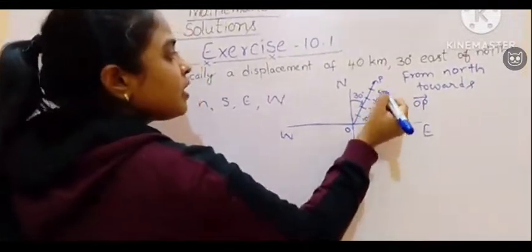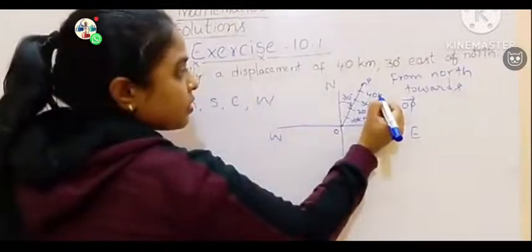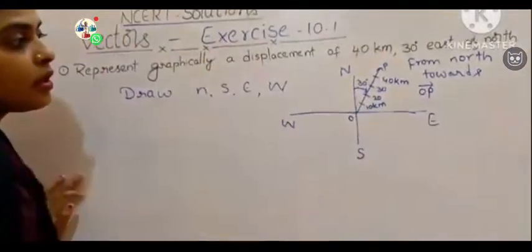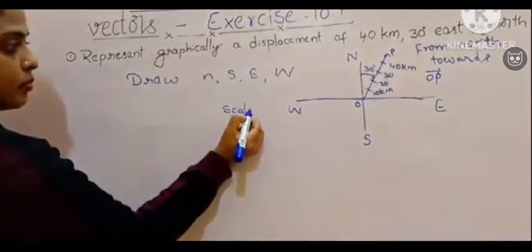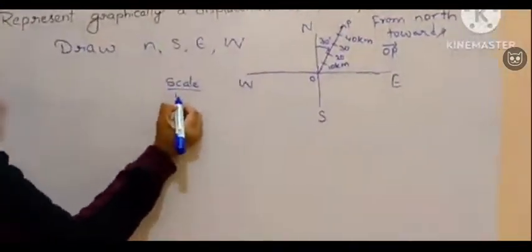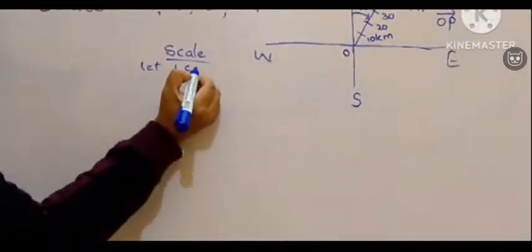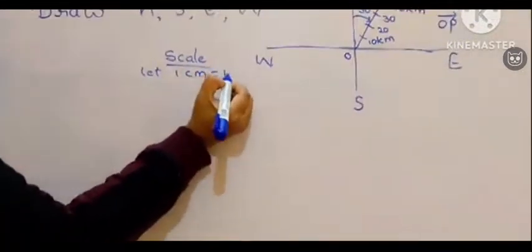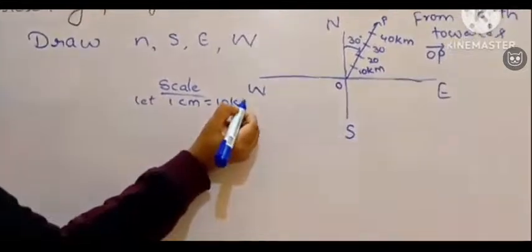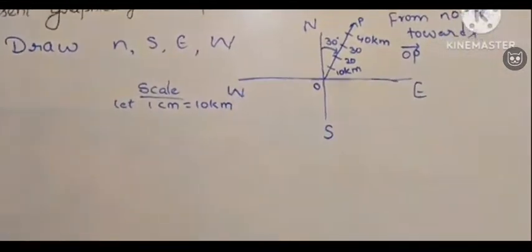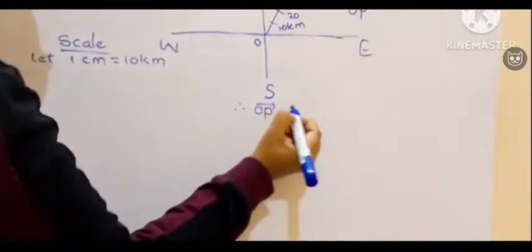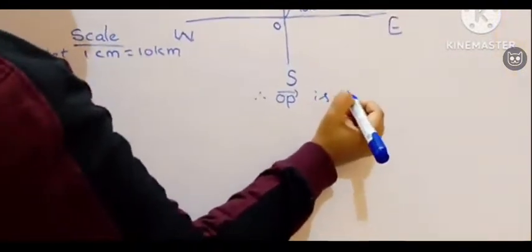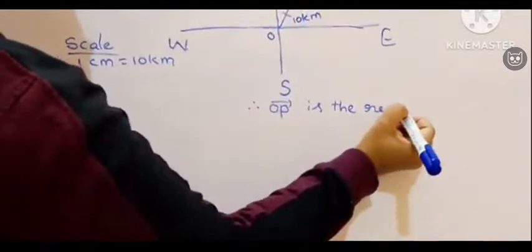So I got here 40 kilometers. The scale is, let 1 centimeter equal 10 kilometers. Therefore, OP bar is the required vector.